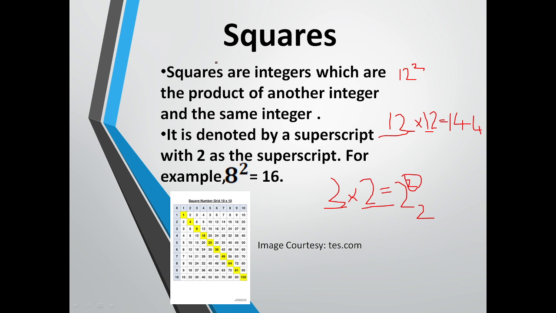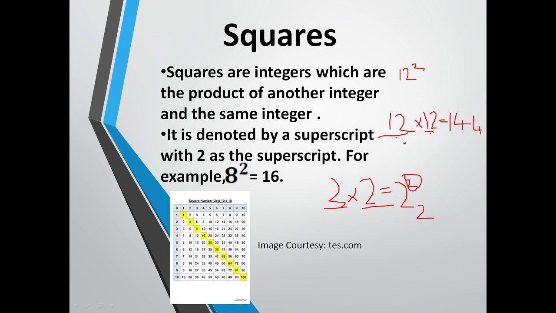I'll talk about powers in another video, but for now, just remember that a number is squared when it is being multiplied by itself, and there are two numbers. So it has the 2 as a superscript, because we are multiplying the same number two times. This is one time and this is second time.